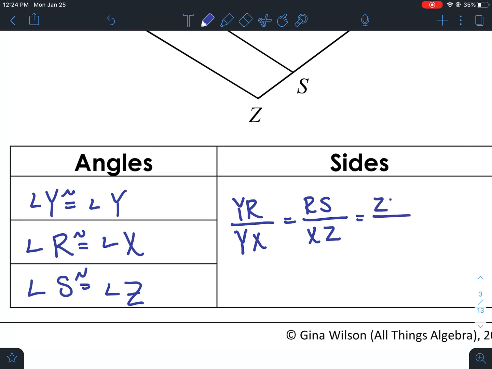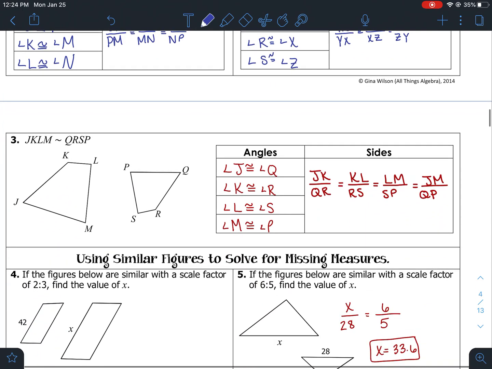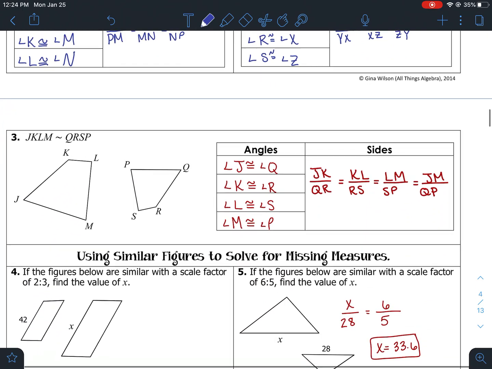Finally, let's do ZY. Nope, we need to do not ZY. We want to stay with that same side on top, so we're going to do SY, and that's going to be proportional to ZY. All right. Here's number 3 already done for you, so take your time, see if that matches what you got.